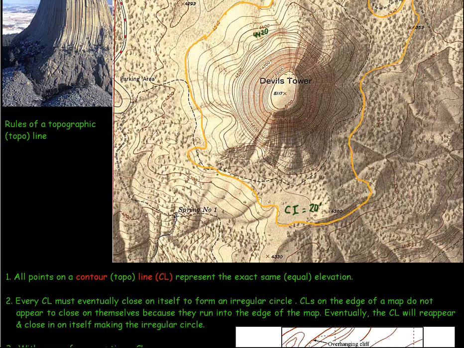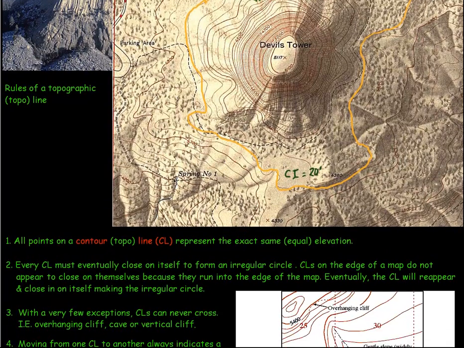You can see lots of irregular circles, but you can also see some that maybe go off the map, but they have to come back on. That's right next to this one, so there it is right there. It has to come back on the map, and it just basically shows that the map isn't big enough to show the whole thing, but it is in a closed circle.